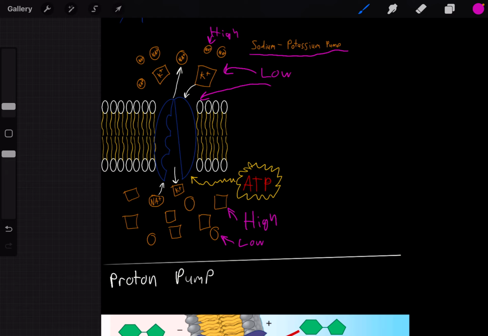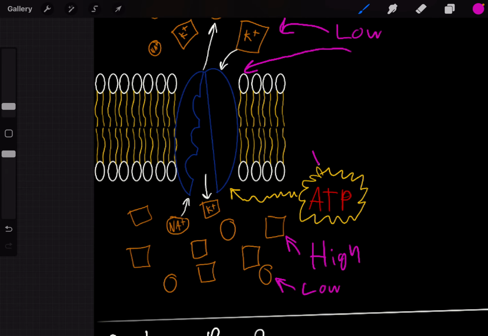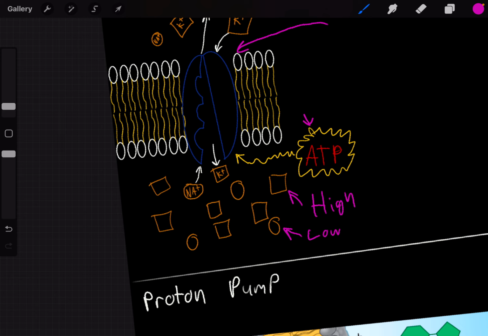But what this protein is doing is it's taking ATP right here, and it is putting in the cell 2 potassiums.